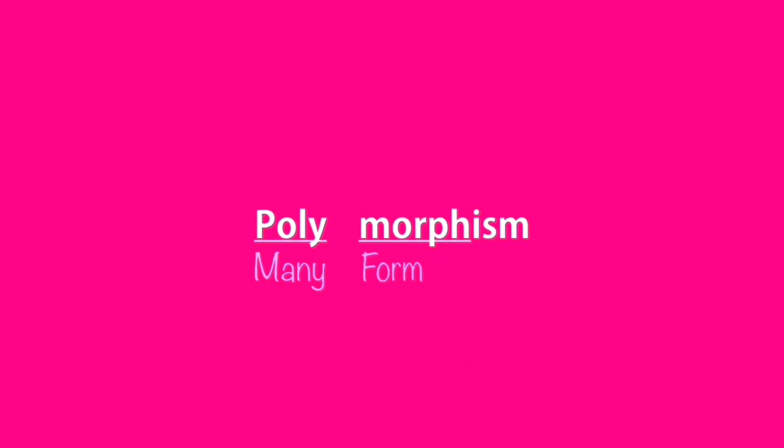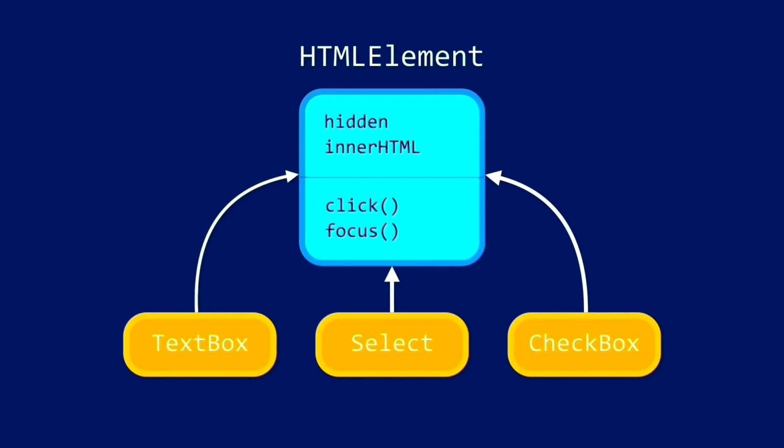Finally, there is polymorphism, where poly means many and morphism means form. So polymorphism means many forms. In object-oriented programming, polymorphism is a technique that allows you to get rid of long if and else or switch and case statements. Back to our HTML element example, all these objects should have the ability to render in a page. The way each element is rendered is different from the others.